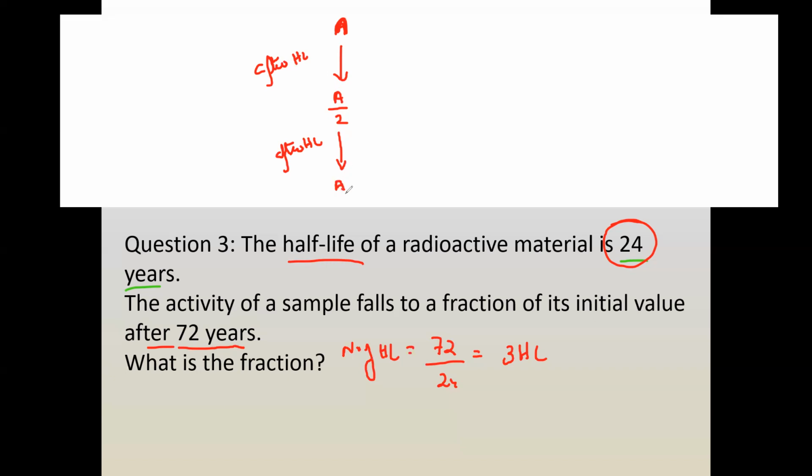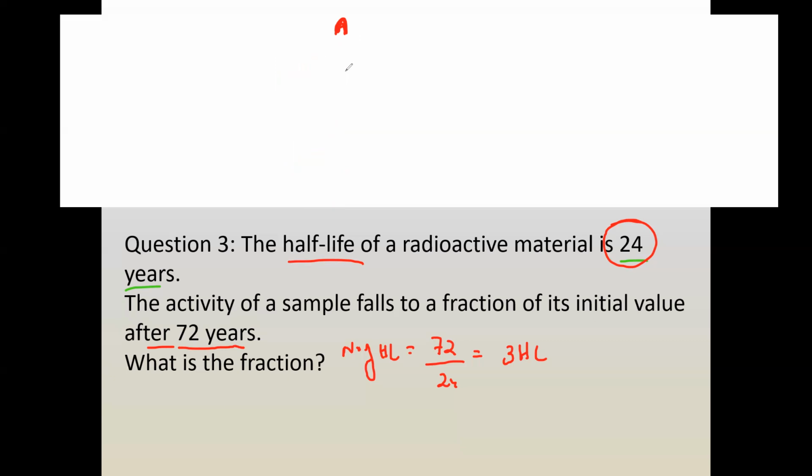Half of this value, so it will be A by 4. Because we want to find after 72 years, and we know 1 half-life is equal to 24 years, this will be 24 years, this will be 24 years, and another one will also be 24 years. So I can write after a half-life, or I can also say after 24 years, because they mention the half-life is 24 years.